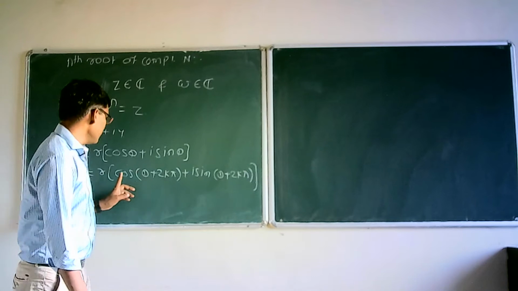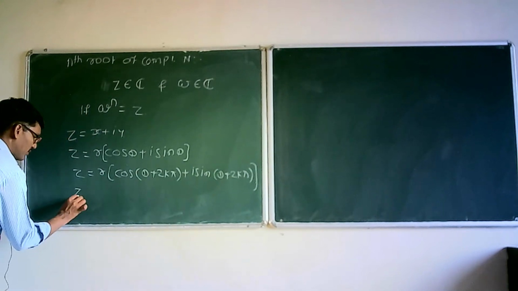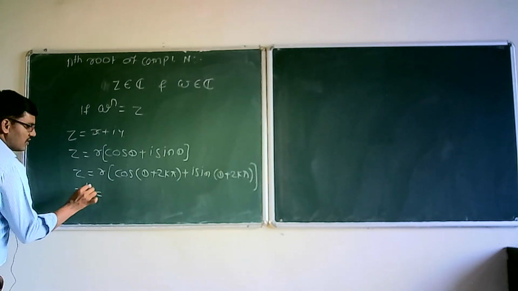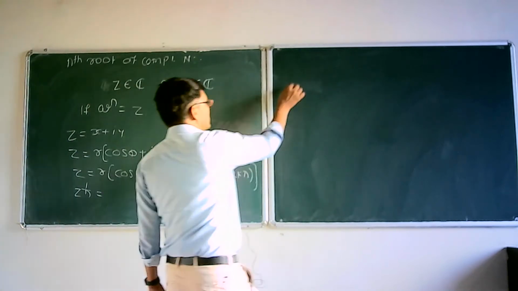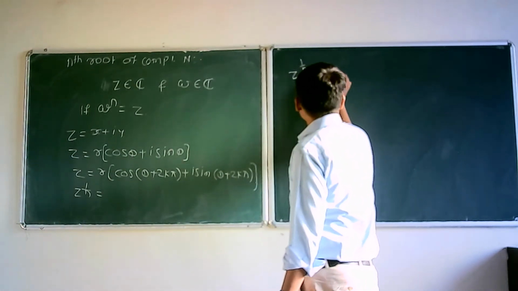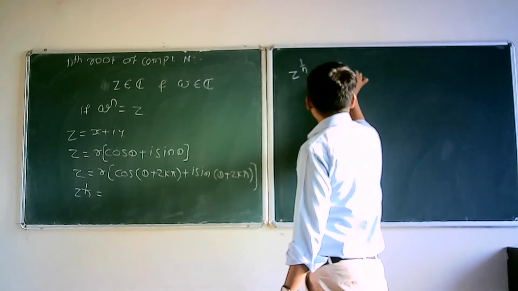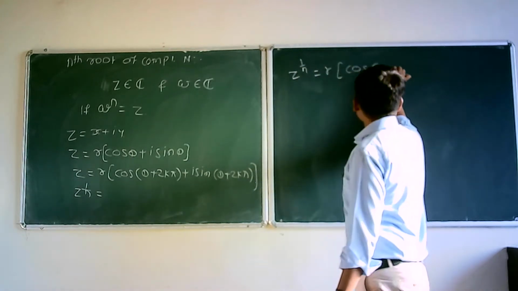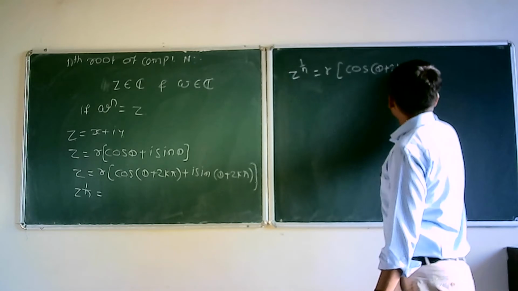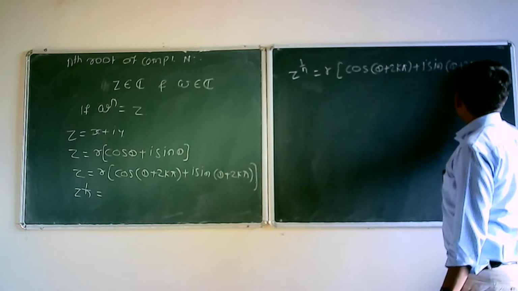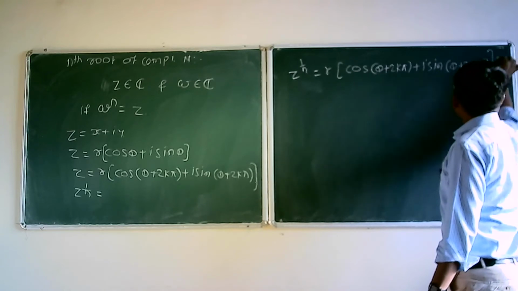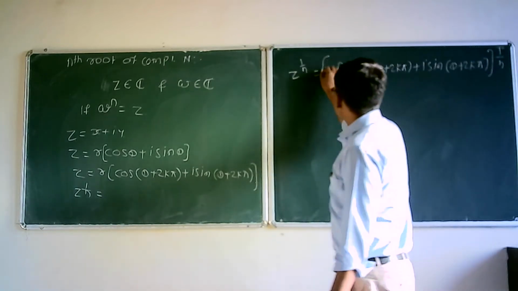Then z raised to 1 by n, where w raised to n is equal to z, is r times (cos(theta plus 2k pi) plus i times sin(theta plus 2k pi)) all raised to 1 by n.